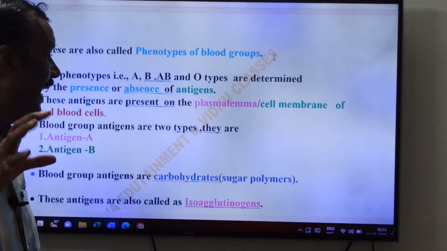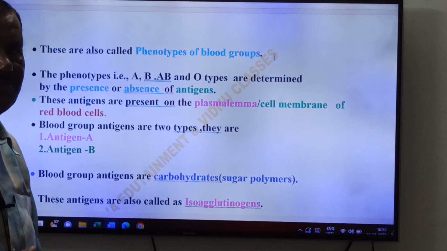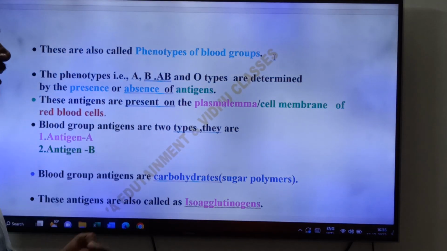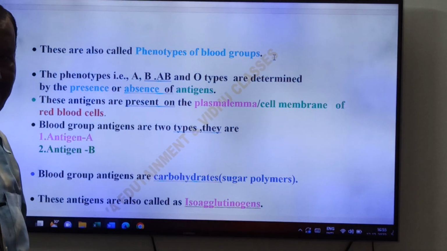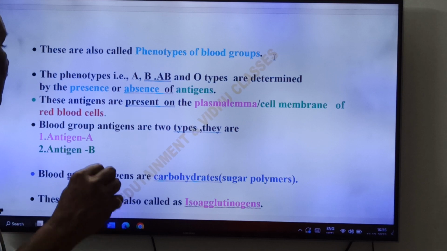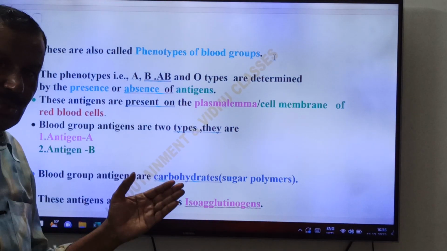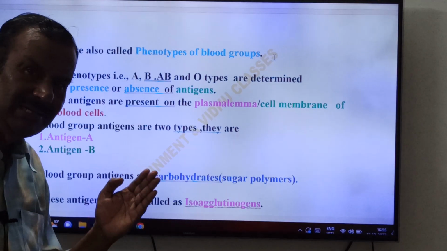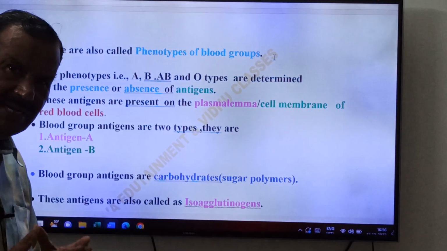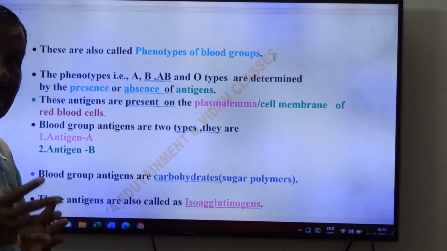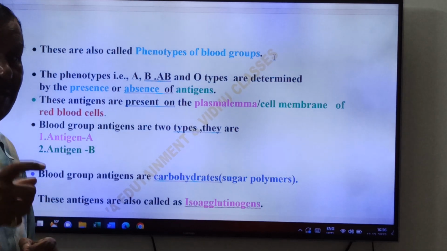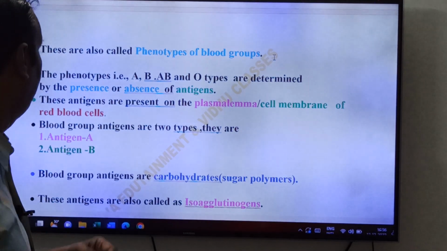Friends, where do we have antigens? Antigens are present on the plasmalemma or cell membrane of the RBC, red blood cells or erythrocytes.